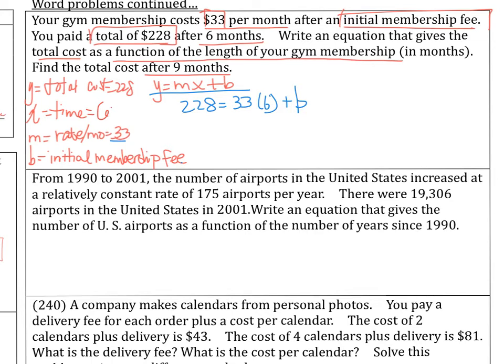This is a 6, and 228 would equal 198 plus b, and b would equal 30, and therefore your linear function should be y equal to 33x plus 30. So this is the answer to the first part of the word problem.